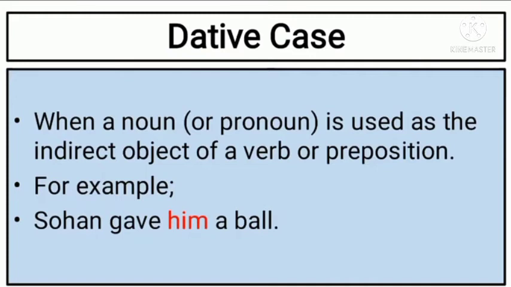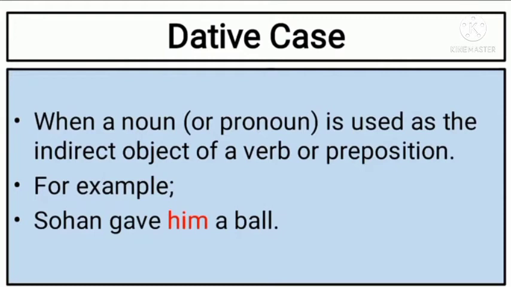So when a noun is used as the indirect object of a verb, it is said to be in dative case.